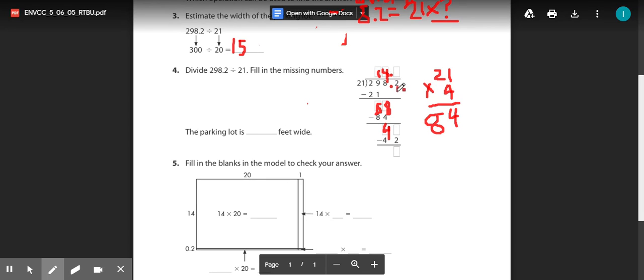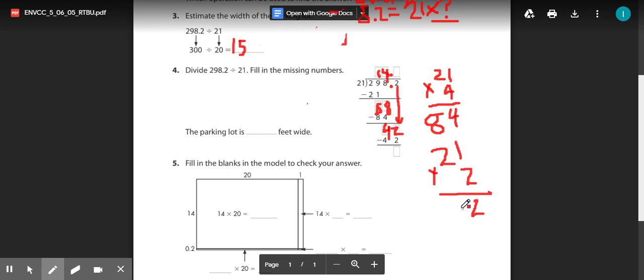Okay, now we have to bring down our 2. So now we have 42. Okay, how many times does 21 go into 42? Well, it went into 84 4 times. So I'm going to take half of that. I'm going to take 2 and see if that works. 2 times 1 is 2.